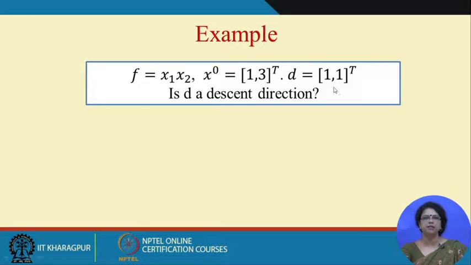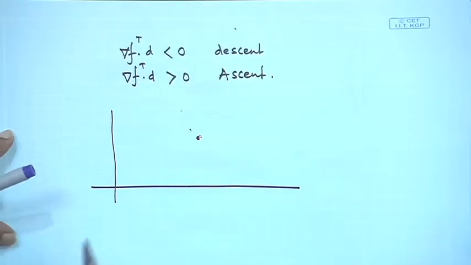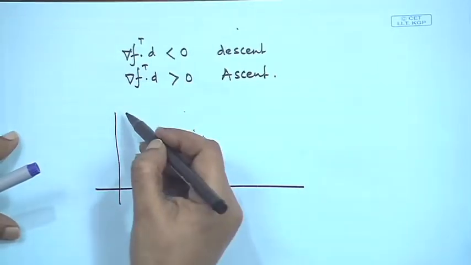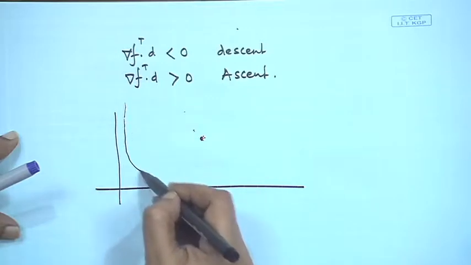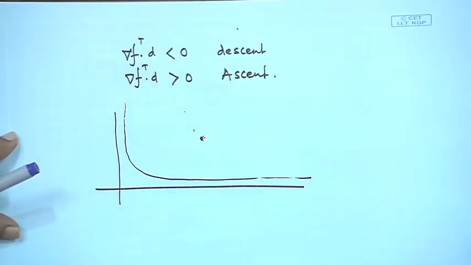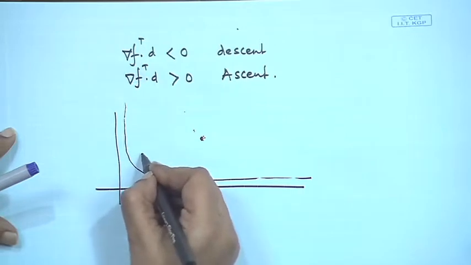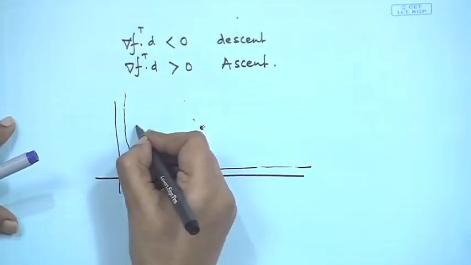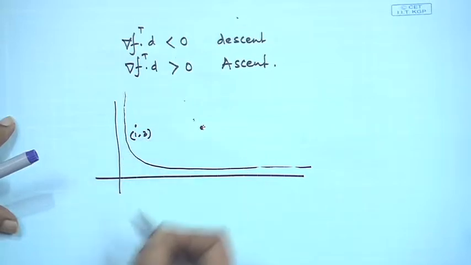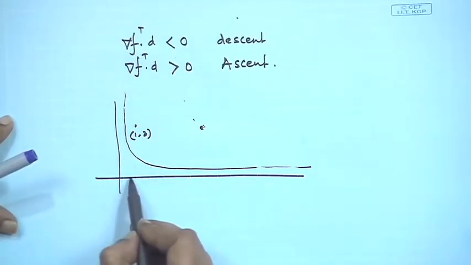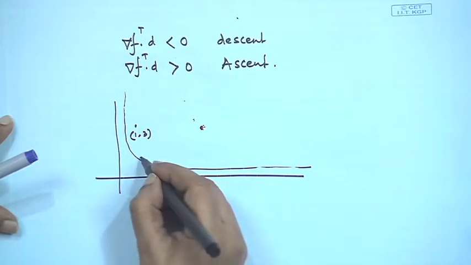If I consider a 2-dimensional space, the function would be like this; this is one of the level curves of the function. Say this is the point (1, 3), and this is the direction (1, 1).